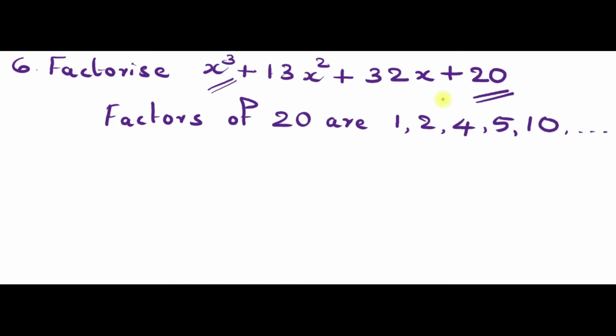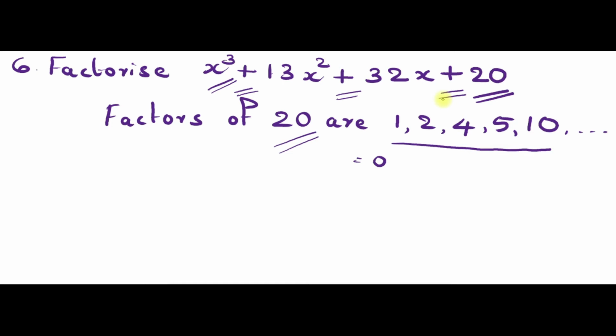For obtaining a zero polynomial, you have to consider both positive and negative factors of this constant term 20. If you consider positive terms, you won't obtain a zero because here all terms are positive. So you can consider a negative term. For considering a negative term, you have to consider a positive term as a factor.